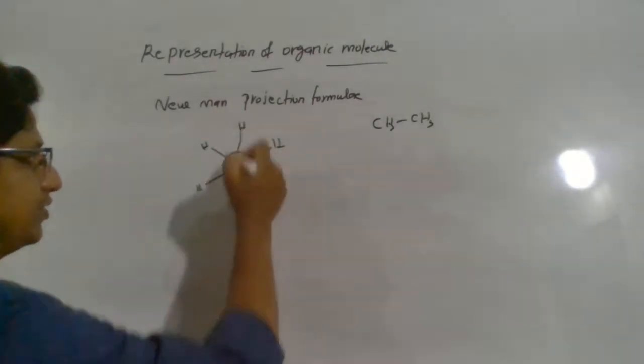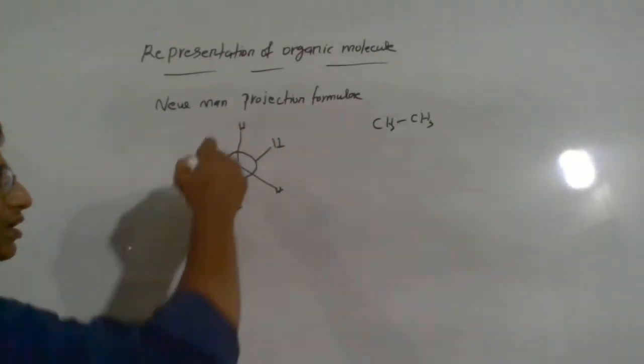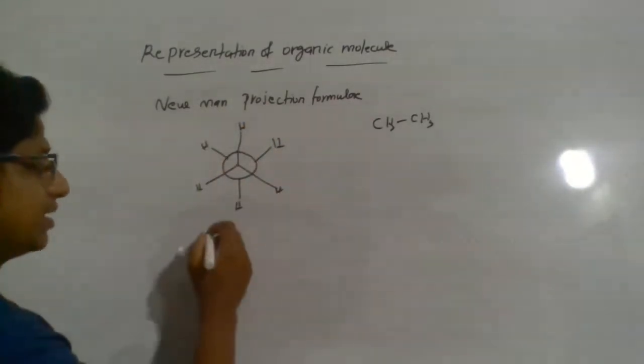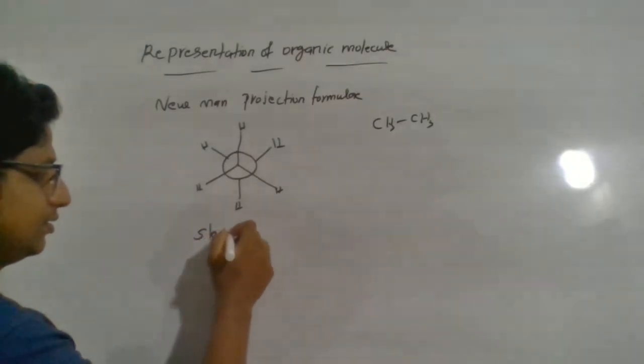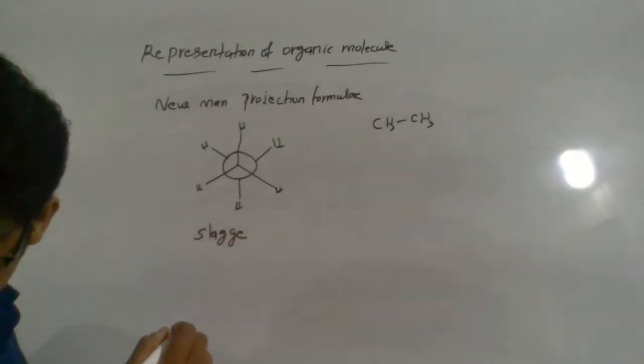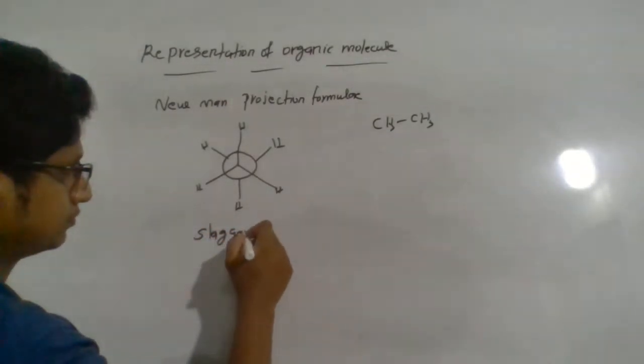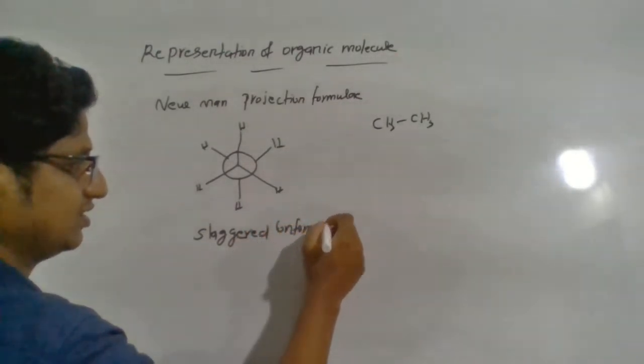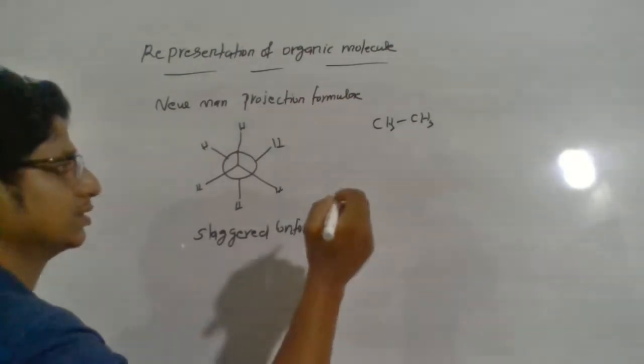Should be 120 degrees to each other. You imagine a line like this, it has to be 120. So this represents, I can say, a staggered conformation, and this I will say is eclipsed.